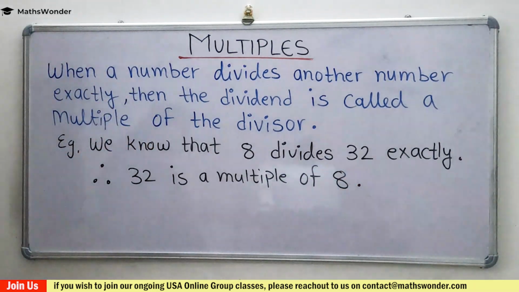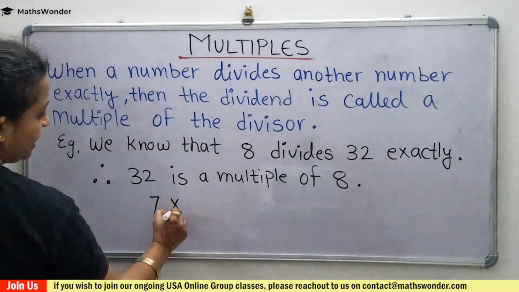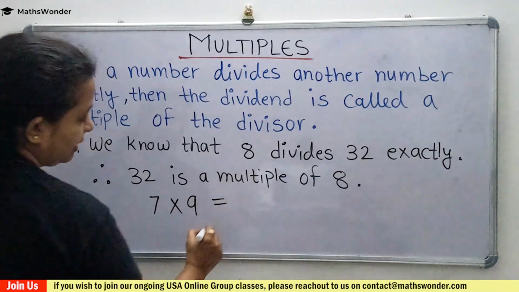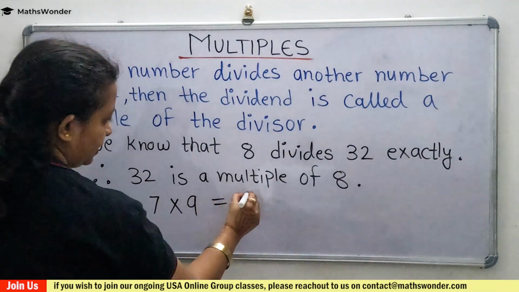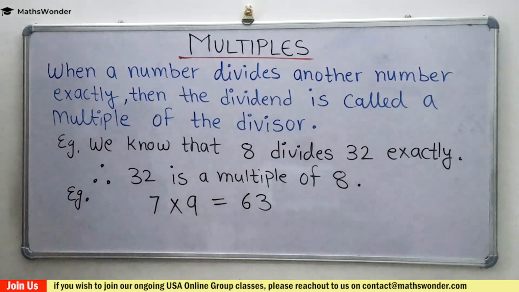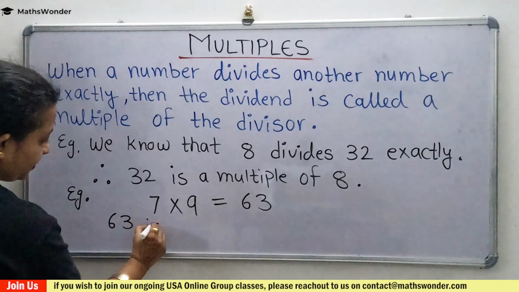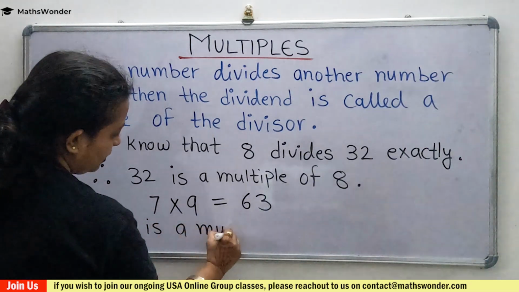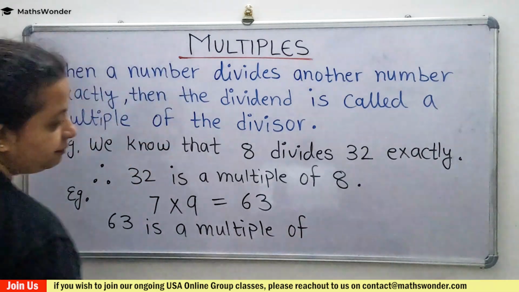Right? And as you know that 7 times 9 is 63, this is another example, okay? 7 times 9 is 63. That means 63 is a multiple of which numbers?